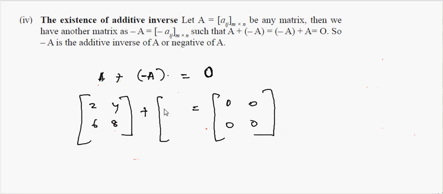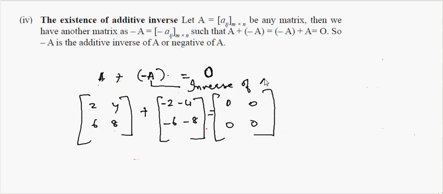It should be the negated value of that matrix. Then only I can get 2 minus 2 is 0, 4 minus 4 is 0, 6 minus 6 is 0, and 8 minus 8 is 0. So this minus A is nothing but the inverse. It is called the additive inverse of matrix A. But the only thing you need to remember is that all these should be of the same order.